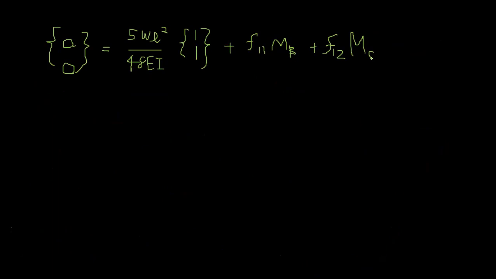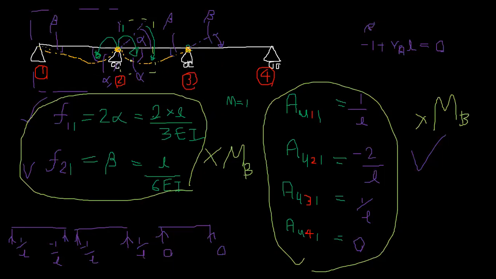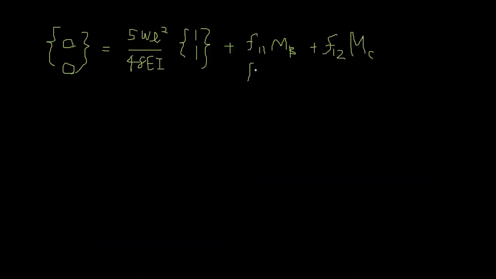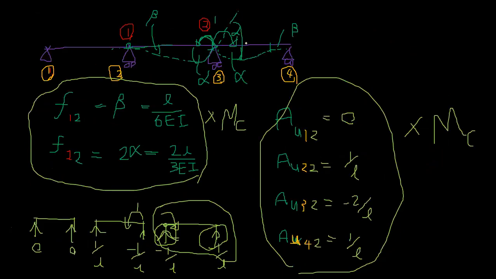So you can write the second as well at C, F21 into MB, and F22 into MC.